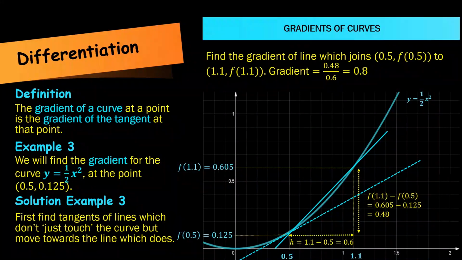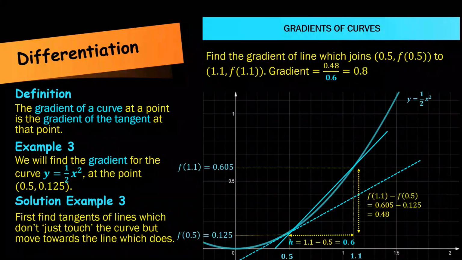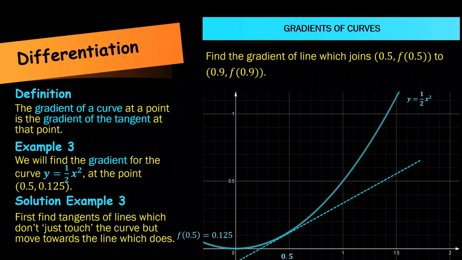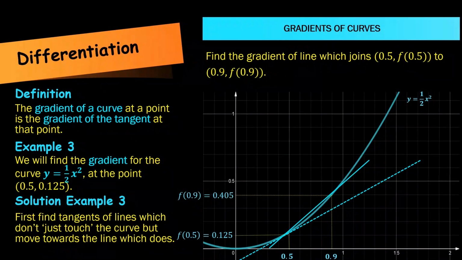So the gradient equals 0.48 divided by 0.6, which is equal to 0.8. Now let's find the gradient of another line. As shown, again, as you can see, this is getting closer and closer to our desired tangent.